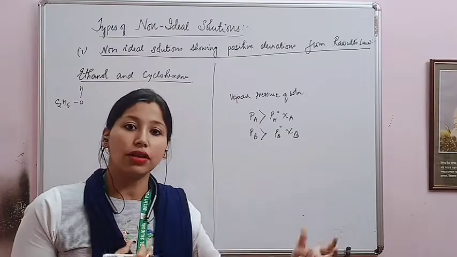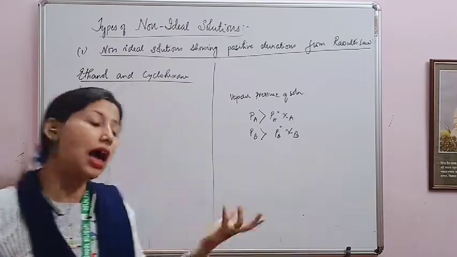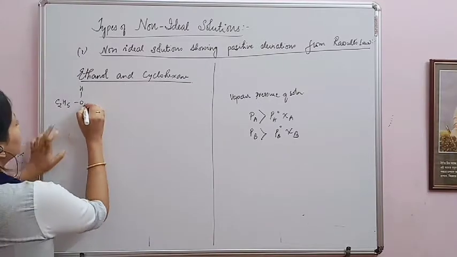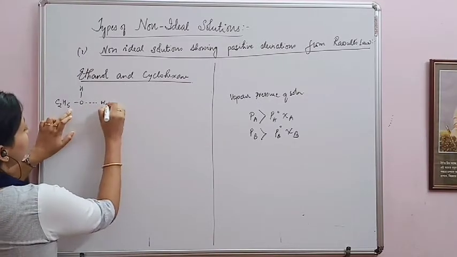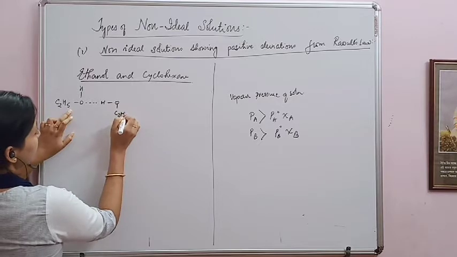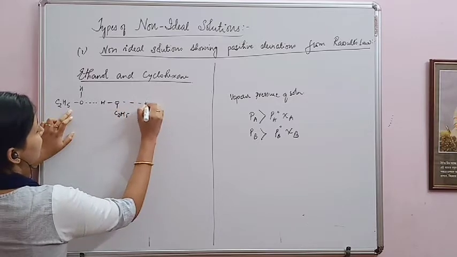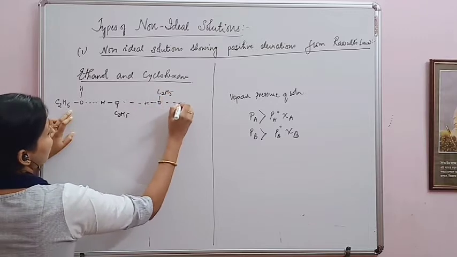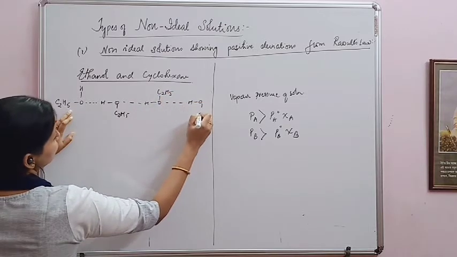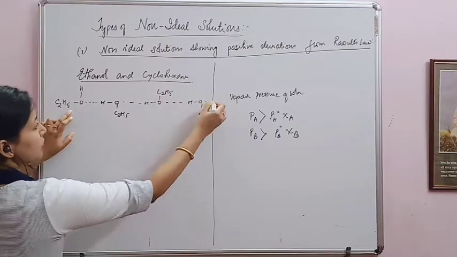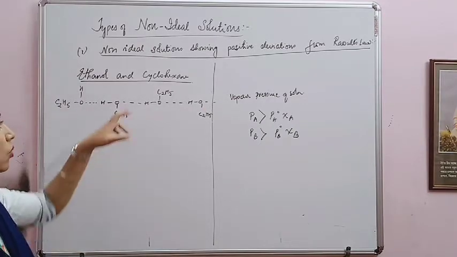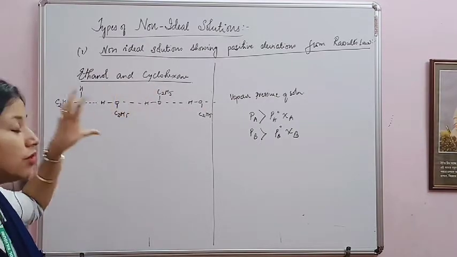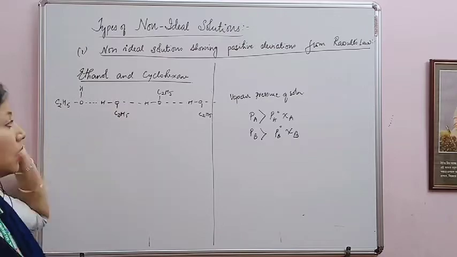The molecules of ethanol are held together by hydrogen bonding. So C2H5OH, another ethanol molecule here, another ethanol molecule here, and so on and so forth. So this continues. When you add cyclohexane to this ethanol, what happens?